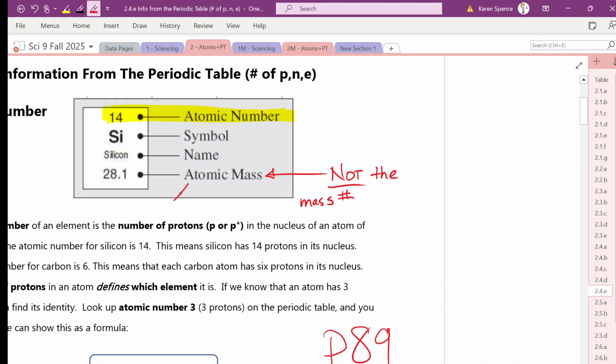Another way of saying atomic mass is to say average atomic mass. So that tells me that the average atomic mass is 28.1, so the most common isotope would probably have a mass of what?